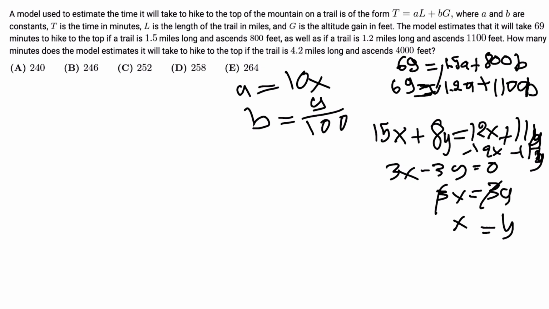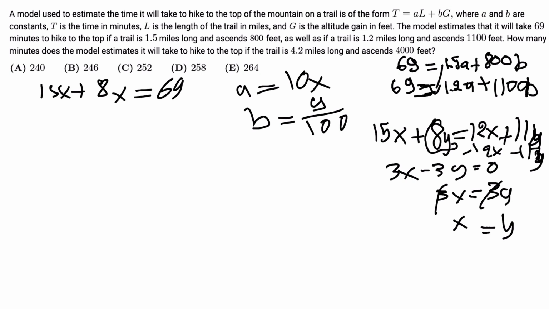So now that we know that x is equal to y, we can let x equal y in one of these equations right here. So we have 15x plus 8y, but since x is equal to y, we can replace it: 15x plus 8x is equal to 69.